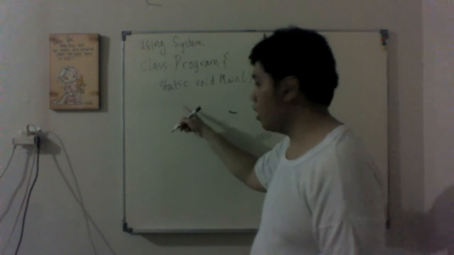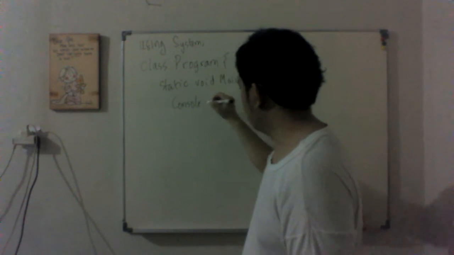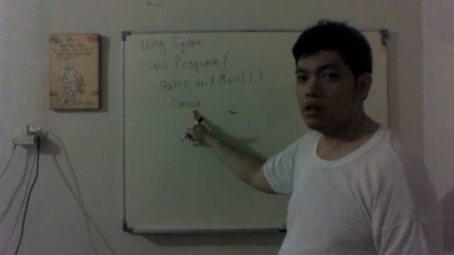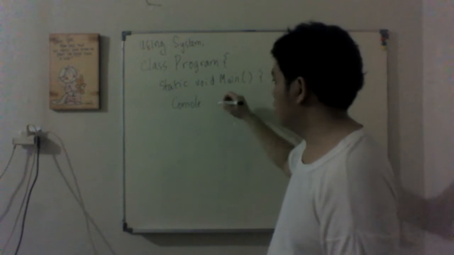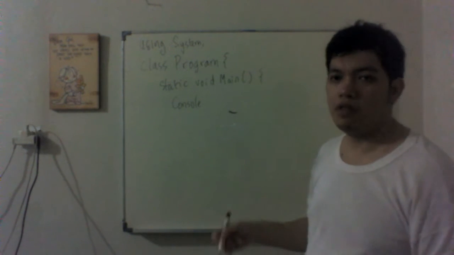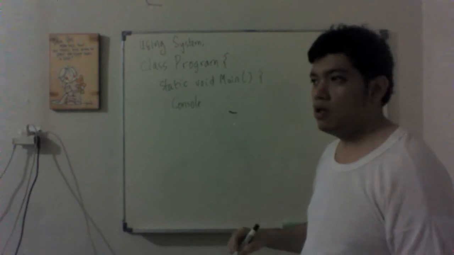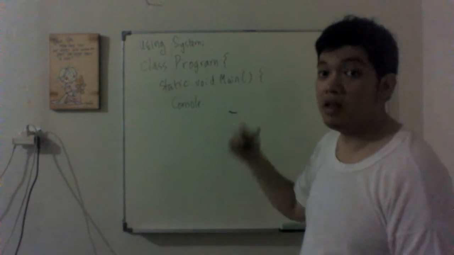Inside of here, I'm going to use the Console class. The Console is the class that we need to use in order to interact with the command prompt, with the terminal. And to give output, normally in C we use printf, in C++ we use cout, in Java we use System.out.println.